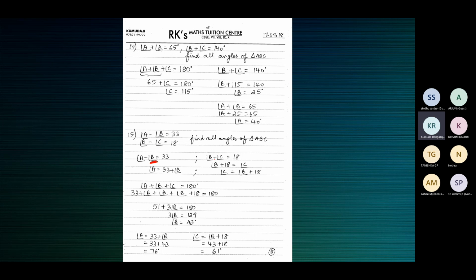See, there is B here, there is B here also. So I'm fixing B and I'm writing A and C in terms of B. Angle A is 33 plus B. And angle C, you can see here I've worked. Angle B minus angle C is 18. How did I write plus 18?